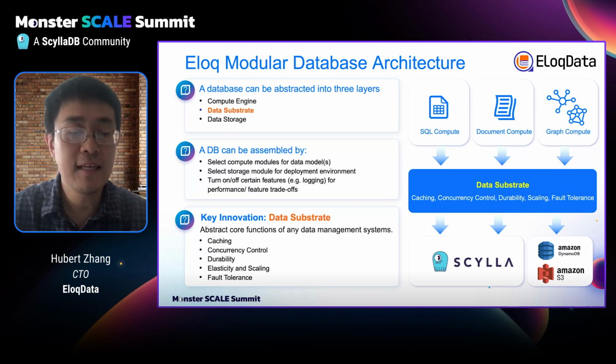You know, Scylla is a high-performance, distributed NoSQL database designed for low latency and high throughput workloads. It's an ideal option as a storage engine. Besides Scylla, we also support other types of databases, such as Amazon DynamoDB and S3.